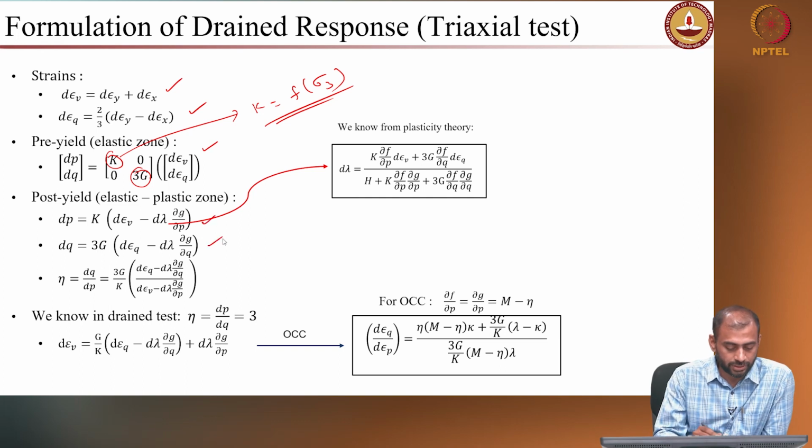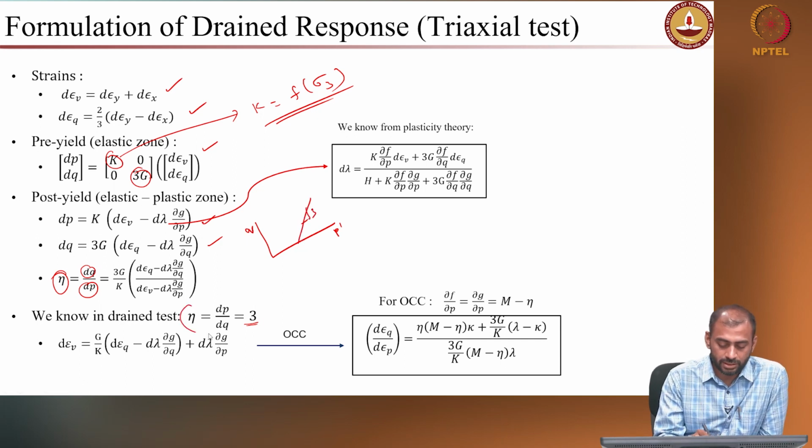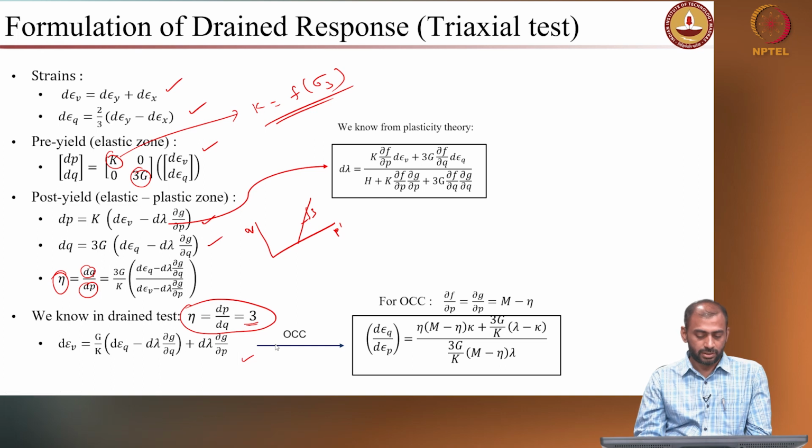So, you have these two equations, you have the stress ratio, which is nothing but dq by dp prime. In case of a drained test, your eta is equal to 3, right. The stress path is always taking a slope of 3, right. So, you can use this condition to derive your volumetric strain response, right.